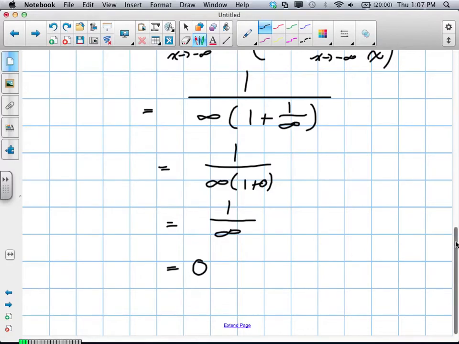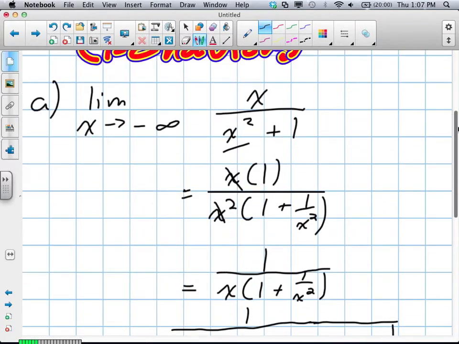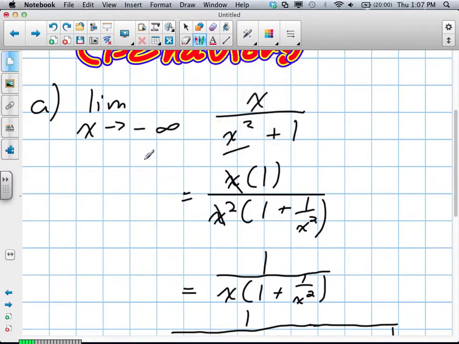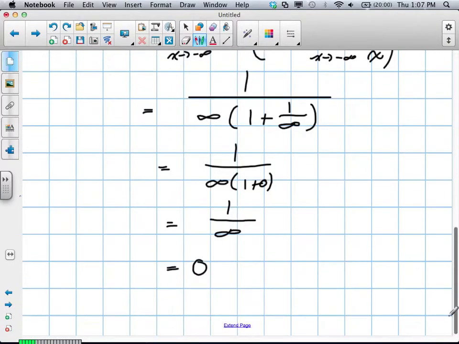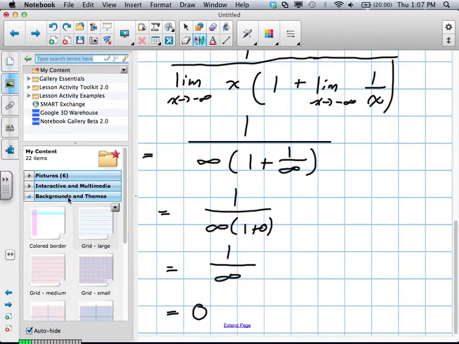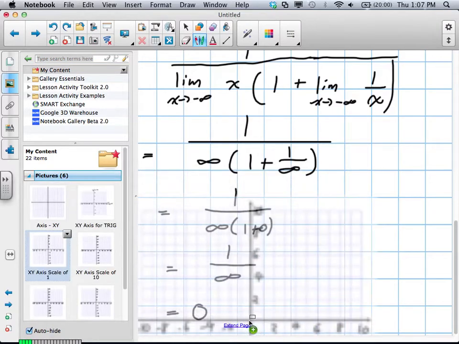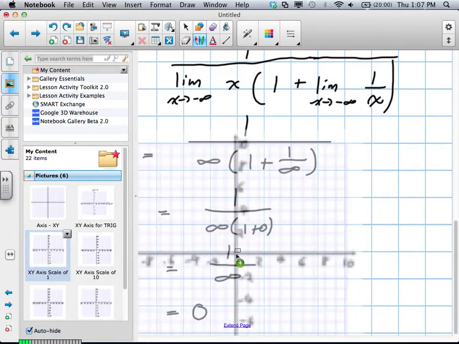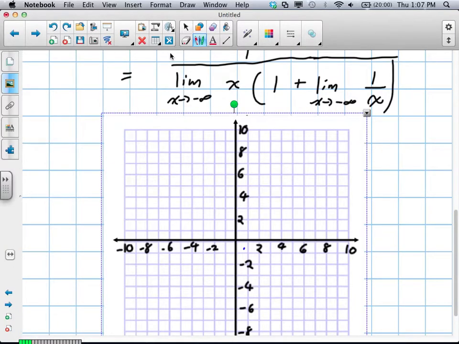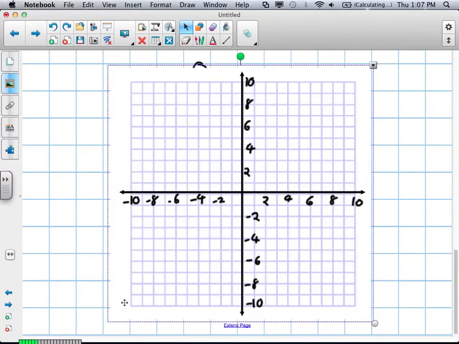But we haven't actually answered the question of as x tends to negative infinity. We're going to explain that in a minute. We know we have a horizontal asymptote of 0. Let's bring this down a bit.